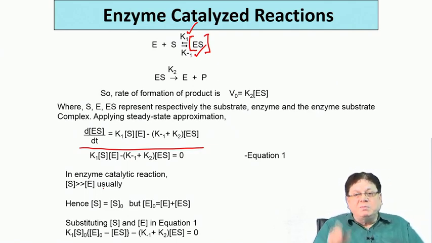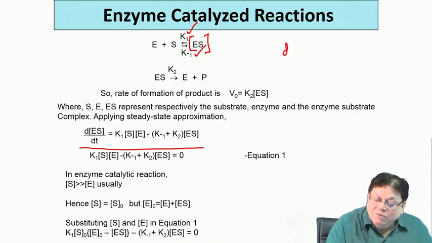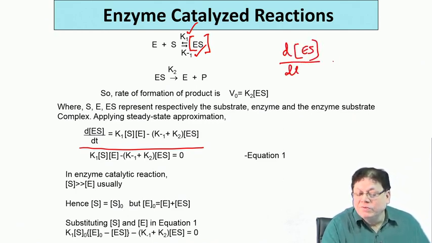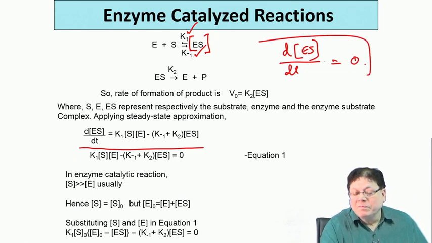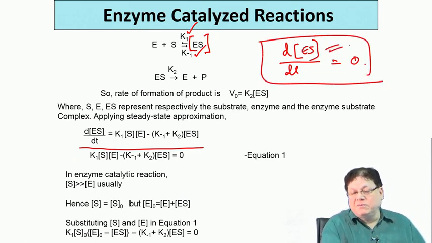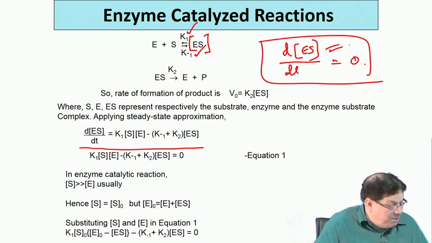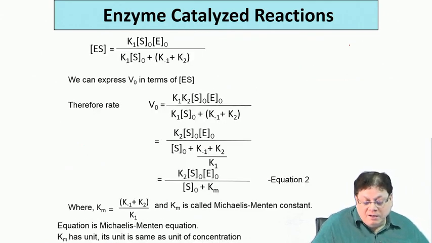If that be the case, that means the change of concentration of ES with time is equal to 0, because if something is constant, that means the differentiation is 0. So, you apply this steady state, and finally you come to an equation which is this one.